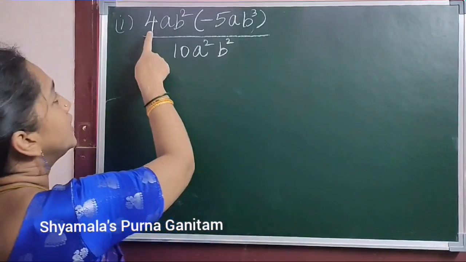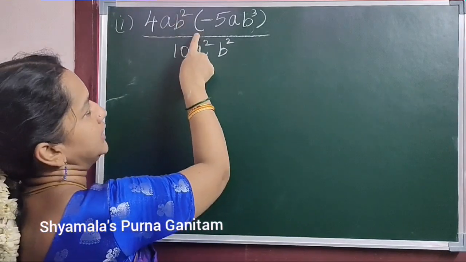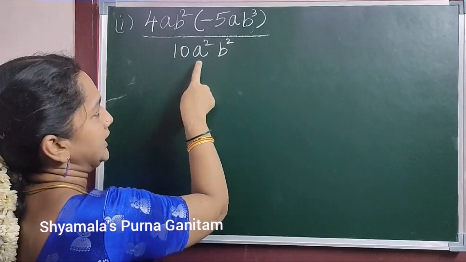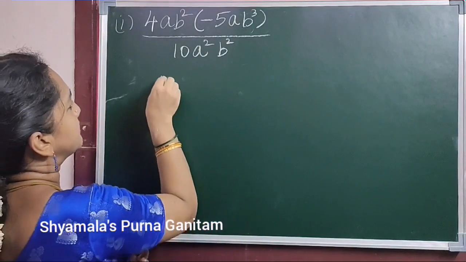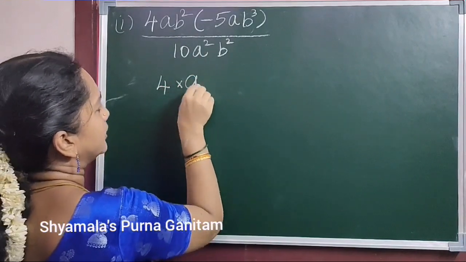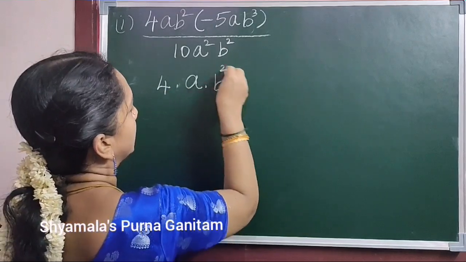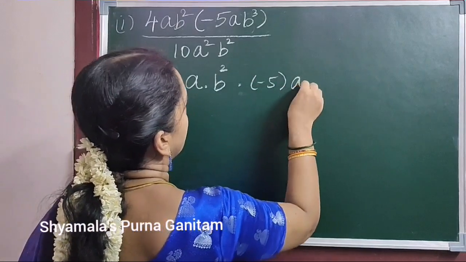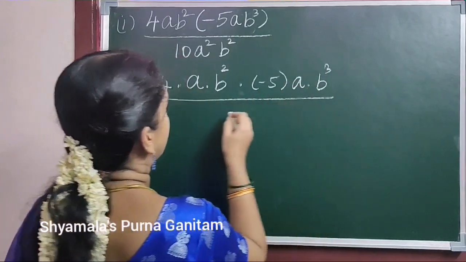First sum: 4ab squared into minus 5ab cube divided by 10a squared b squared. We'll simplify this first in the numerator: 4 into a into b squared into minus 5 into a into b cube. First we will combine the like terms.